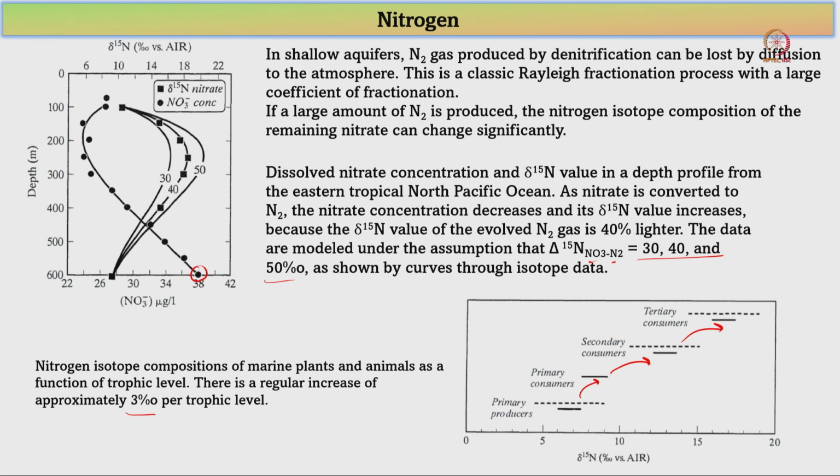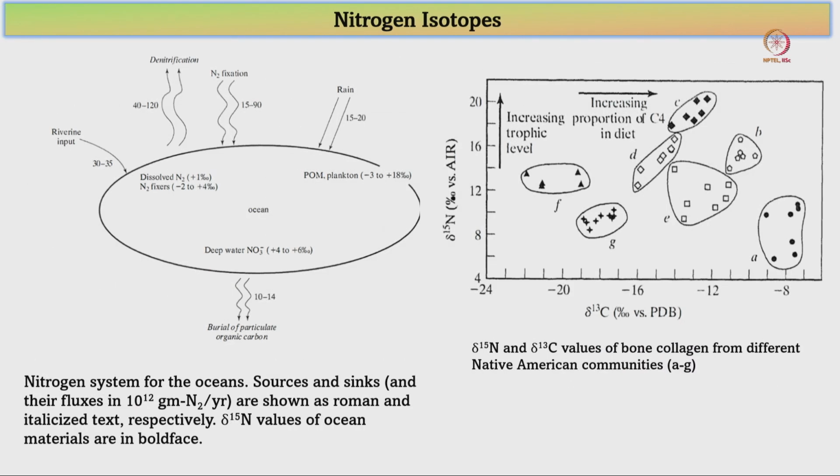So, by combining different kinds of data sets, now when we are looking into aquatic systems, so for instance, this is the nitrogen system for the oceans, and we are looking into particulate organic matter, how it is interacting in the water body, then this becomes a supporting evidence when we are using it with some other kind of isotopes such as carbon or oxygen, because we know that if there is oxygen, we can expect some CO2 is also evolving in that data.